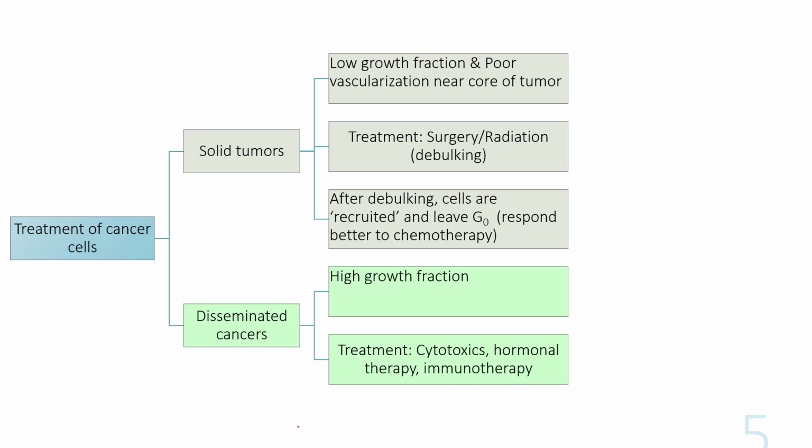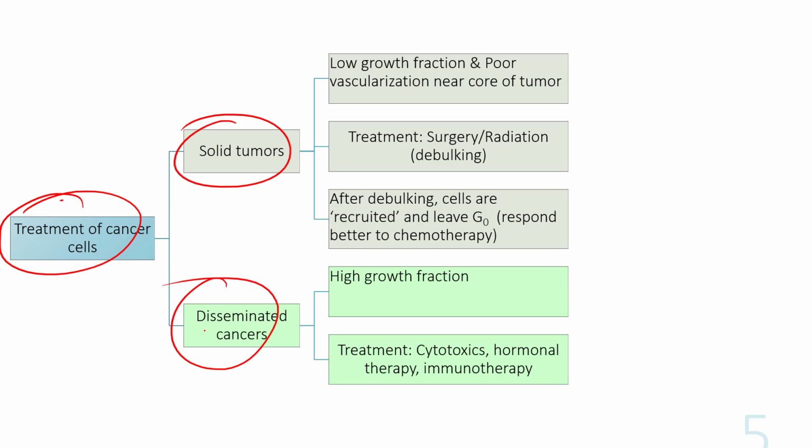So again, this is basically the same information as in the previous slide. What you have is treatment of cancer cells split into solid tumors and disseminated tumors. And in solid tumors, we have low growth fraction, so not actively dividing.